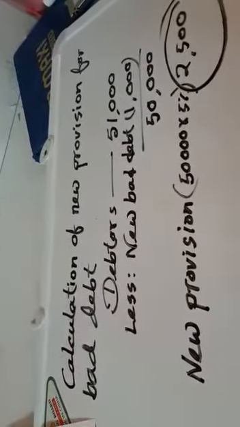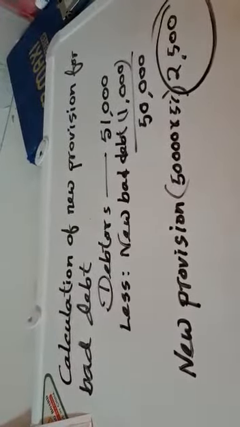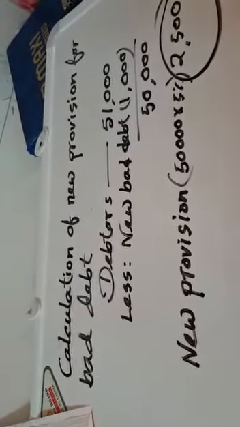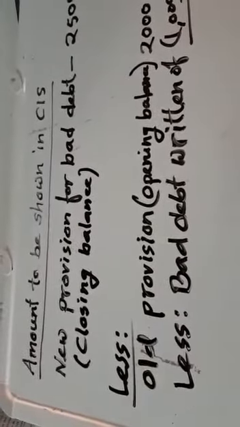Now let us see how we calculate the amount to be shown in the comprehensive income statement. First, we write the new provision for bad debt that we calculated, 2,500. It is the new provision for bad debt we calculated just now, and this will be the closing balance for provision for bad debt.